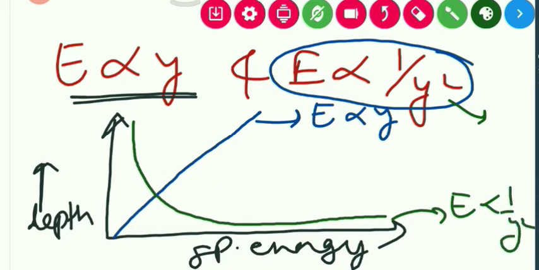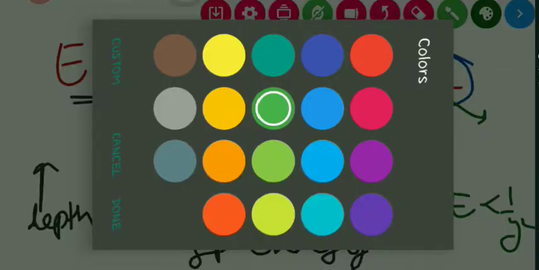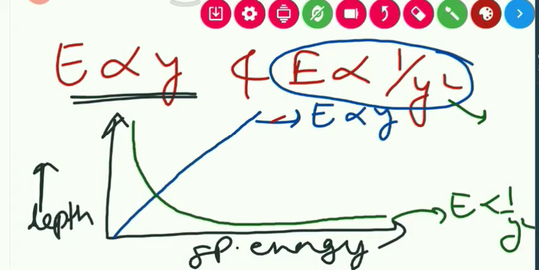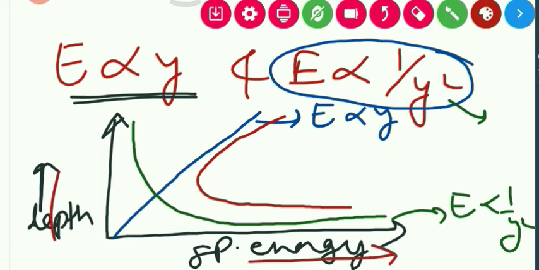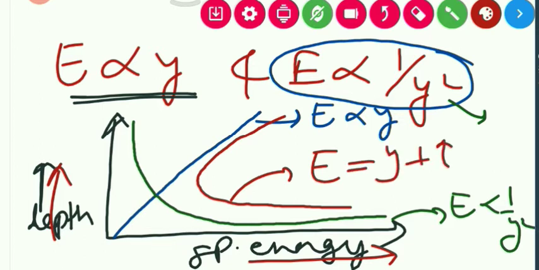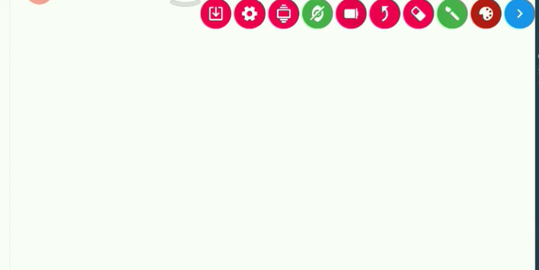What is the combined effect of these two graphs? It can be shown like this. So this is the specific energy graph, in which the x-axis denotes the specific energy and the y-axis denotes the depth of the flow. This equation is E equal to y plus q square by 2g y square. So let's make the diagram clear.